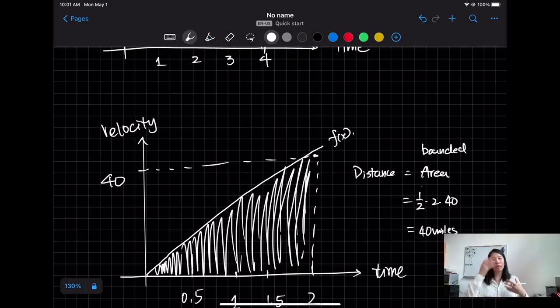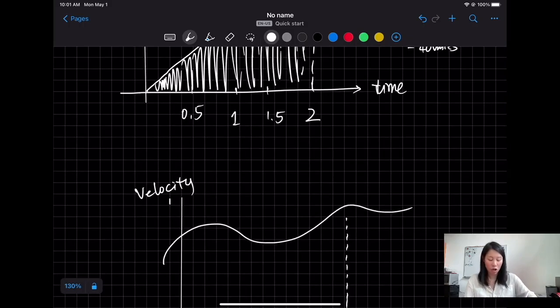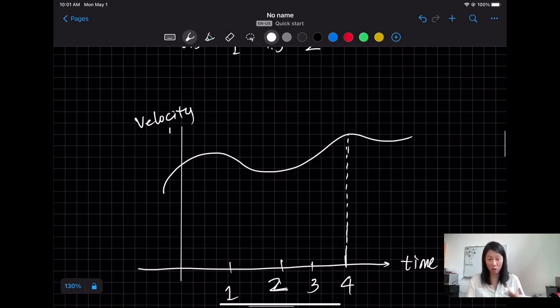But in reality, the speed is not going to be constant or increase steadily at a certain rate. It's more like a curve. Sometimes you may be climbing uphill or going downhill, so your speed is more like a curve.